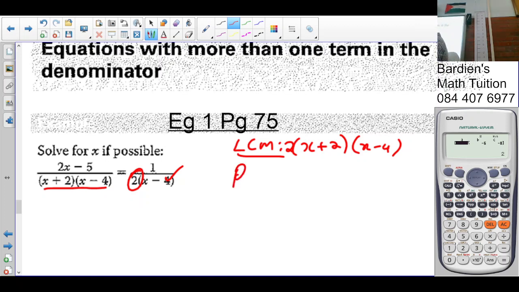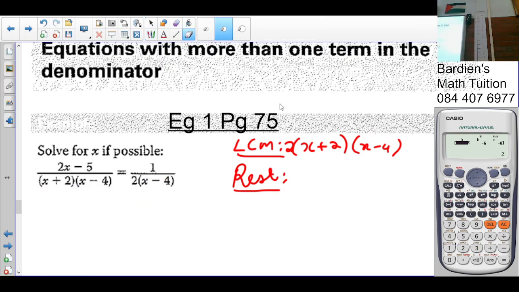What's the restriction? For this one here, x can't be? x plus 2 can't be 0, otherwise the sum will be undefined. So for this, x can never be equal to negative 2. x can be 0.